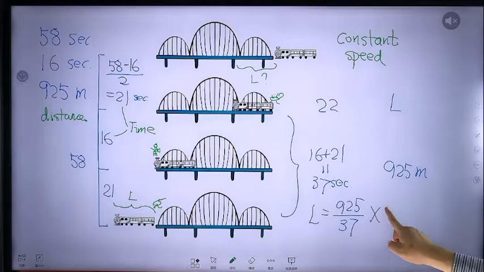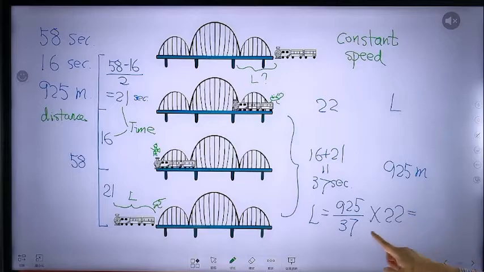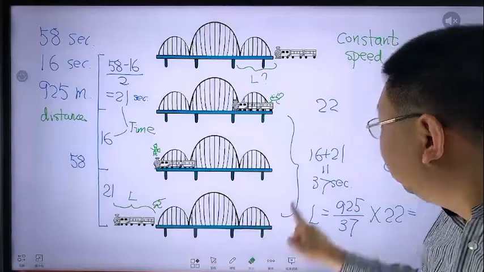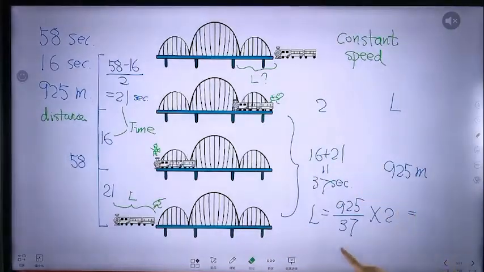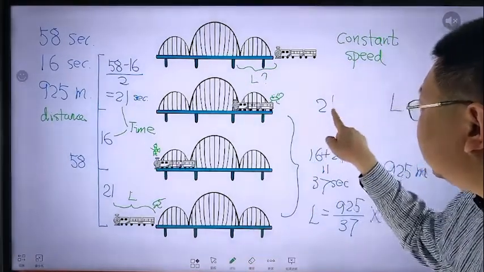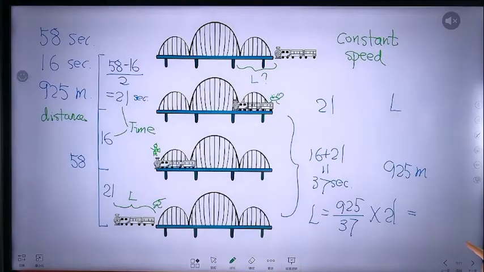Then times 21, carefully: 25 times 21, so it's 525. That is the correct answer.